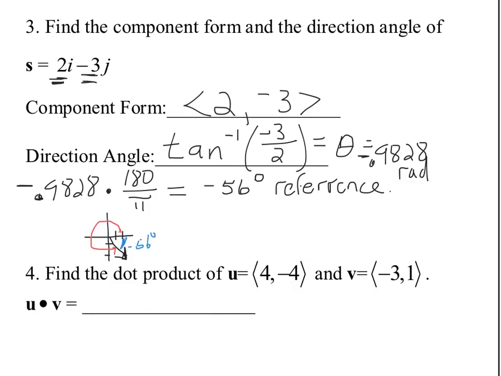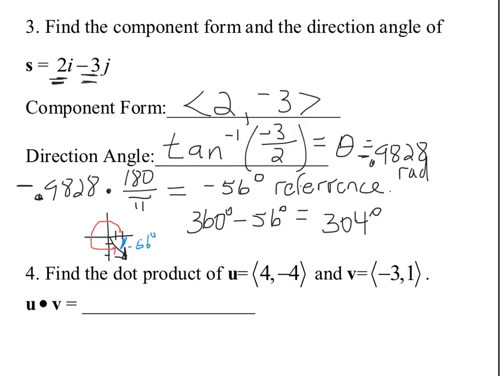That's what the calculator gave us. But what we want is this other angle, the big one, the positive angle. So what we're going to do is take 360 degrees and add it to the -56 degrees, or you could say subtract 56 degrees. And that's going to give us the angle measurement that we're looking for, which is 304 degrees.